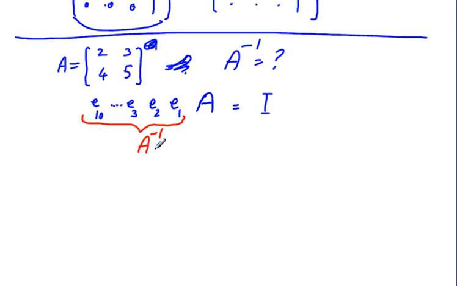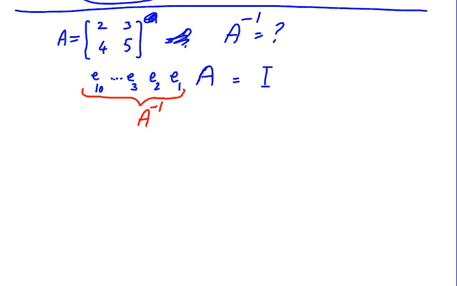So by breaking the job into step-by-step Gaussian elimination steps, we can also create our inverse. The process is going to be rather laborious, but it is at least definite as to what it is.